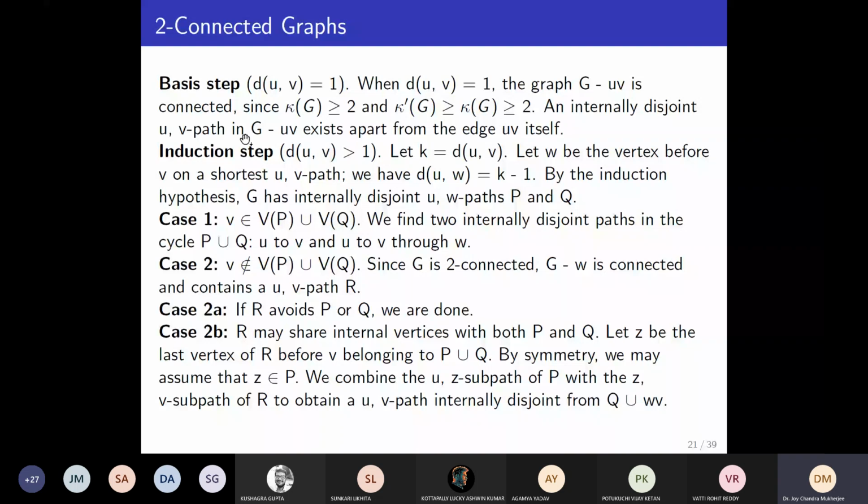And this is because of the definition of kappa G. Kappa G says that if I delete any edge, if I delete the edge UV, then always I have another path from U to V. Now we have to prove it. So what is the induction step? I will go here.